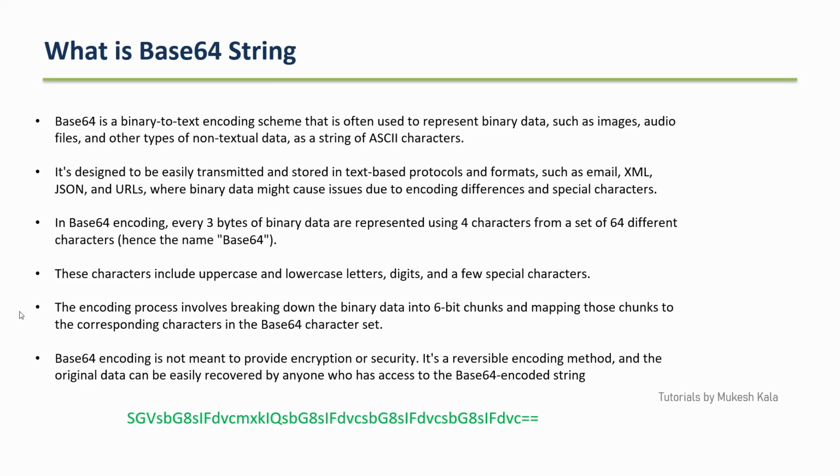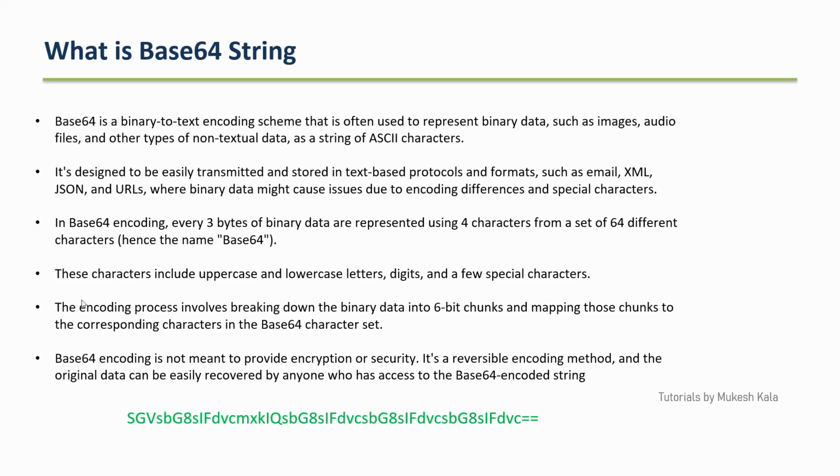Now that is why Base64 is important. In the Base64 you would have uppercase, you would have lowercase, you will have digits, and you would have a few special characters. And at the bottom in the green you see a sample of Base64. The actual Base64 looks much bigger than this, but you need to understand this is how the Base64 looks like.